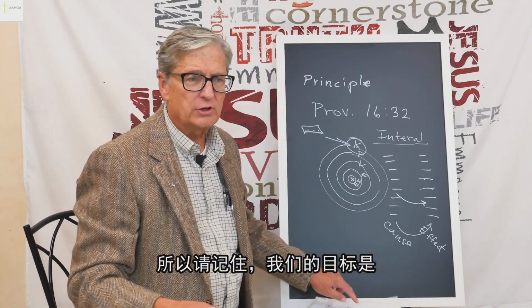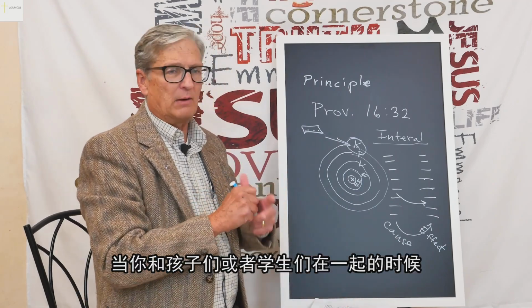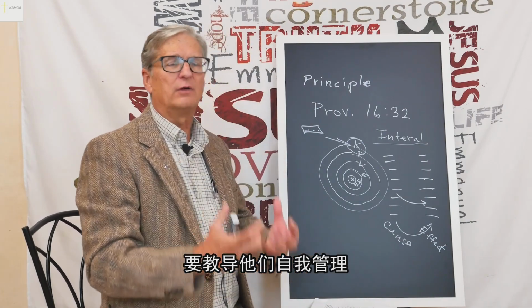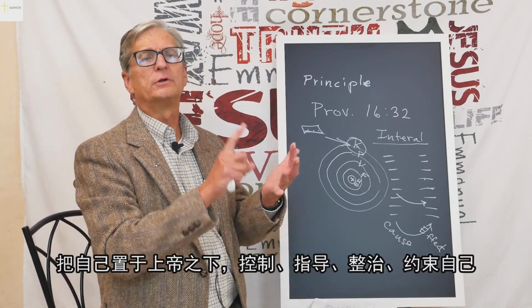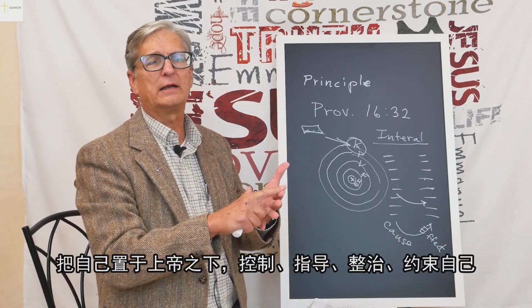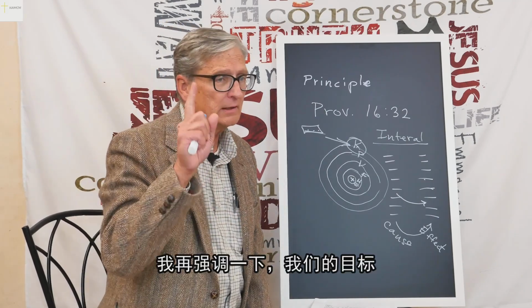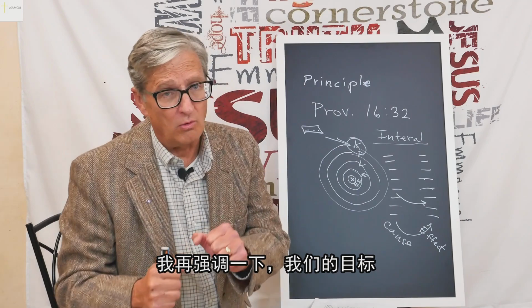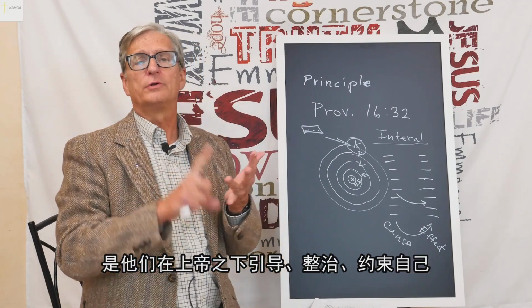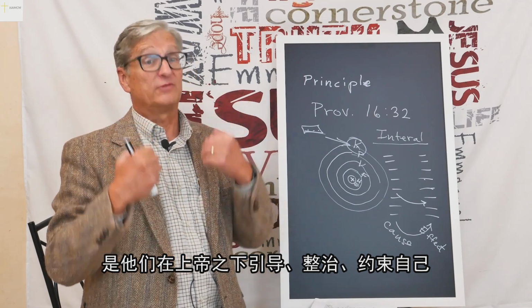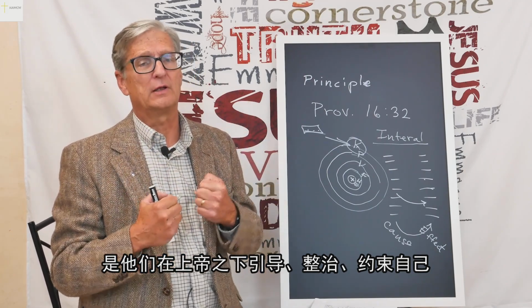So remember, the goal is with your children, with your students, is to teach them to be self-governed, controlled, directed, regulated, restrained by themselves under God. Can I say that again? The goal is to be controlled, directed, regulated, restraining themselves under God.